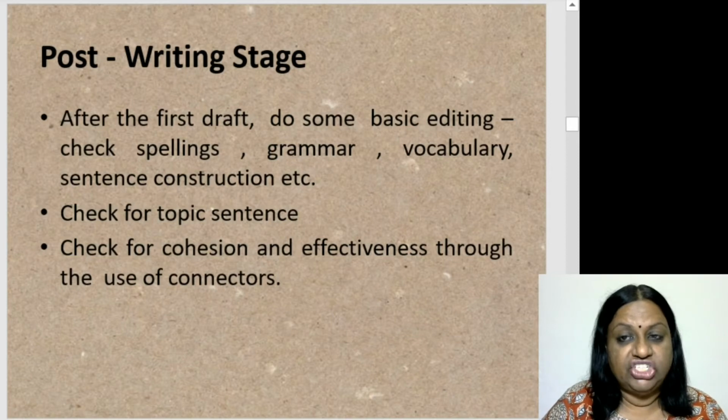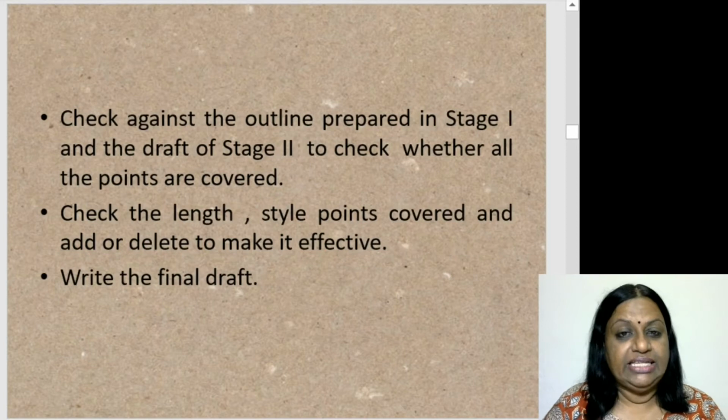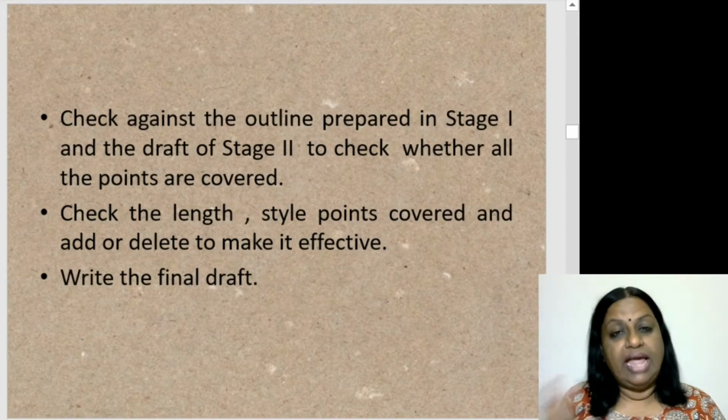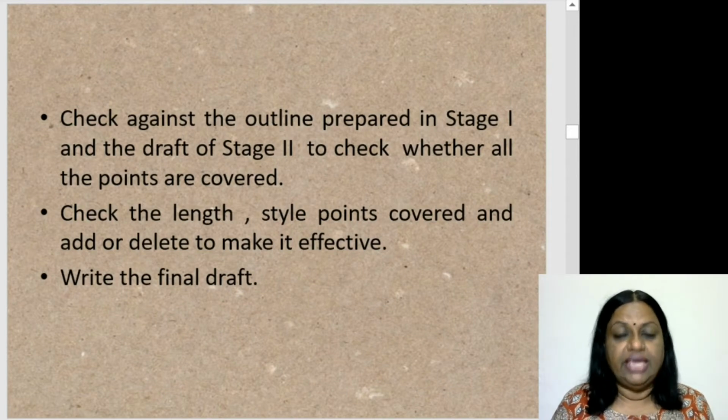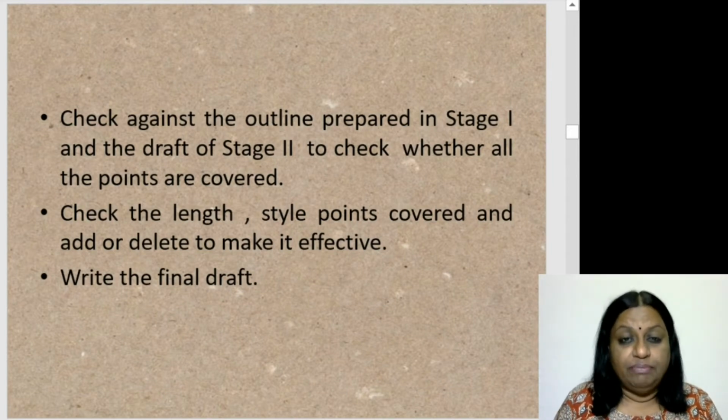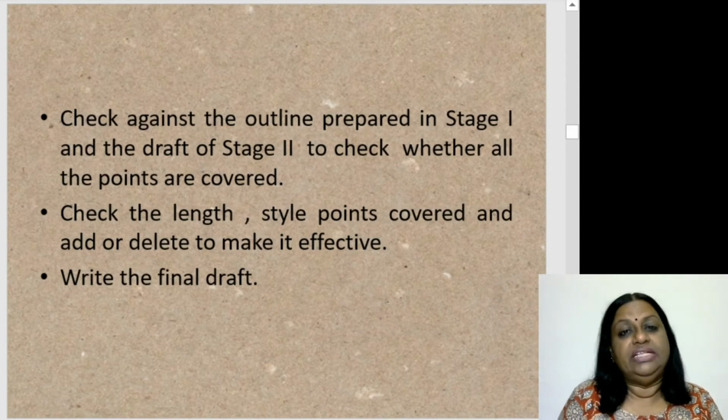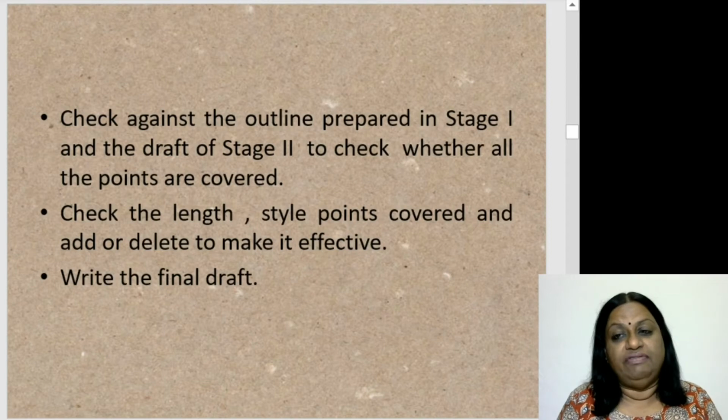Revision, this is the revision stage. Go through your essay, see if there is anything that can be redone. Check against the outline that you made in the pre-writing stage and the draft of stage 2 to check whether all the points are covered. See if you have missed out anything, see if you can add something or even rearrange so that it is more effective.